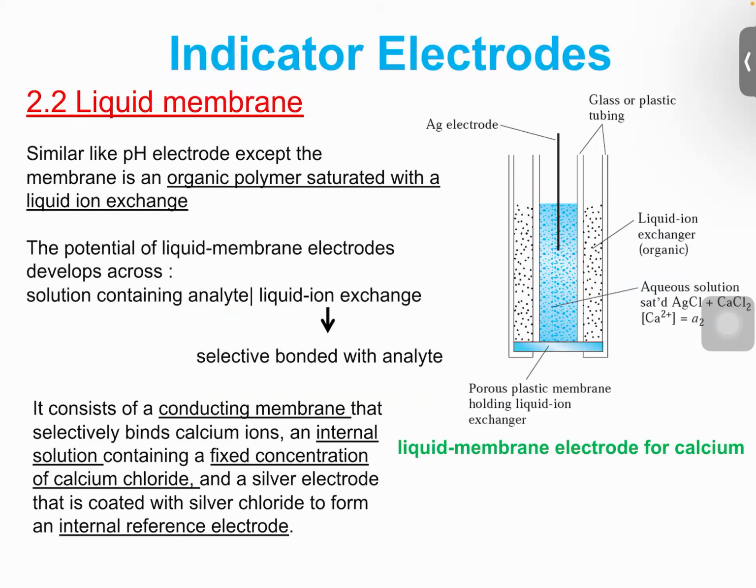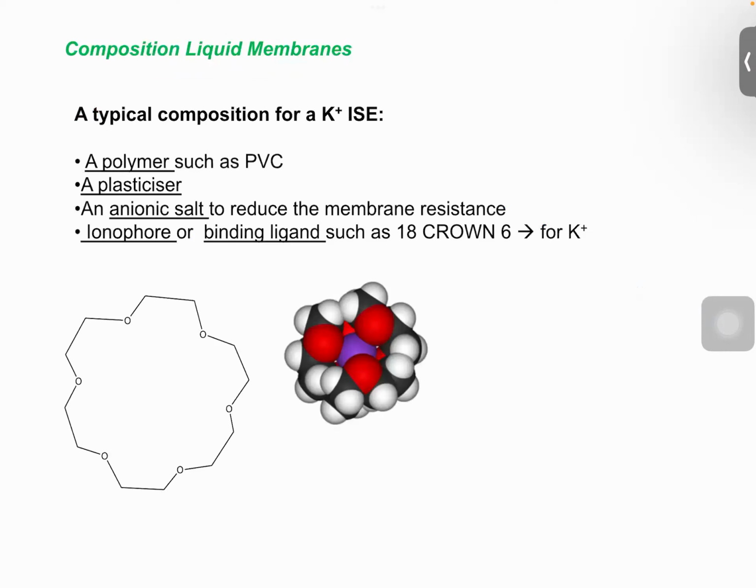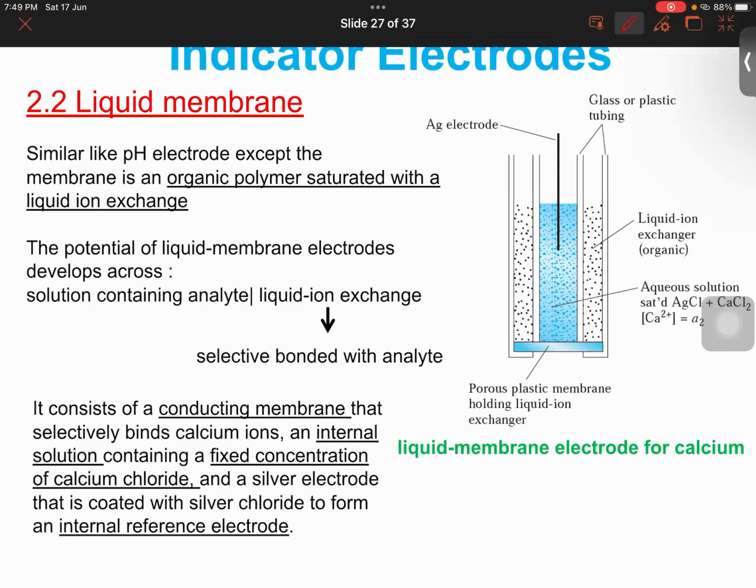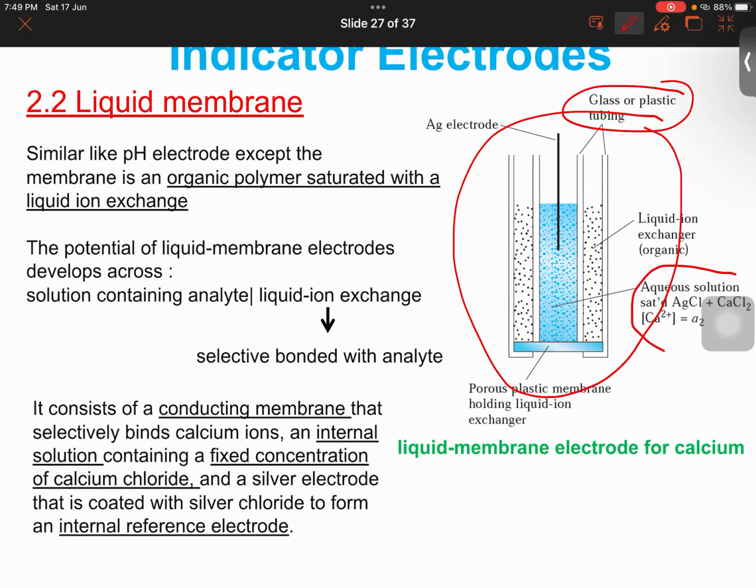So this is another example of indicator electrodes. We can actually construct this electrode by ourselves. You can see that it's just plastic tubing or glass tubing if we have. And then we can fill up the plastic tubing with saturated aqueous solution for the salt bridge.